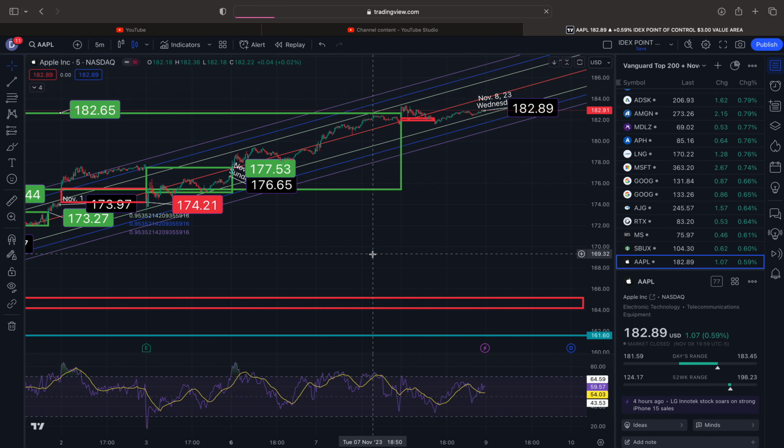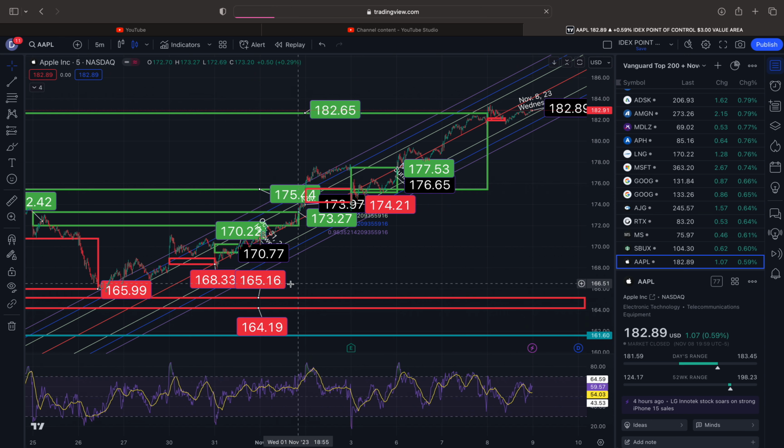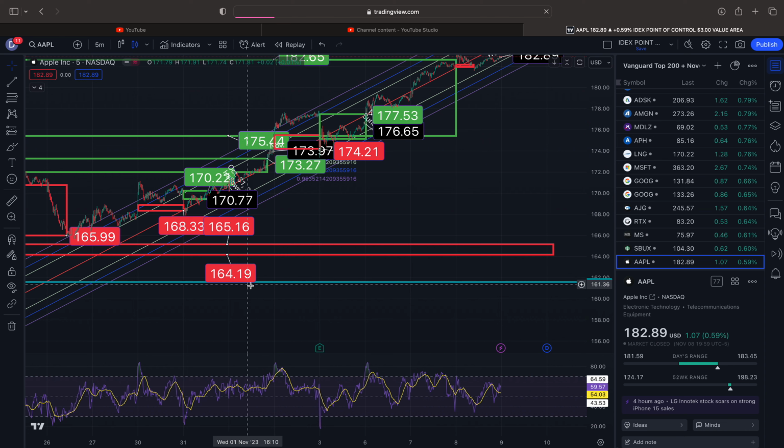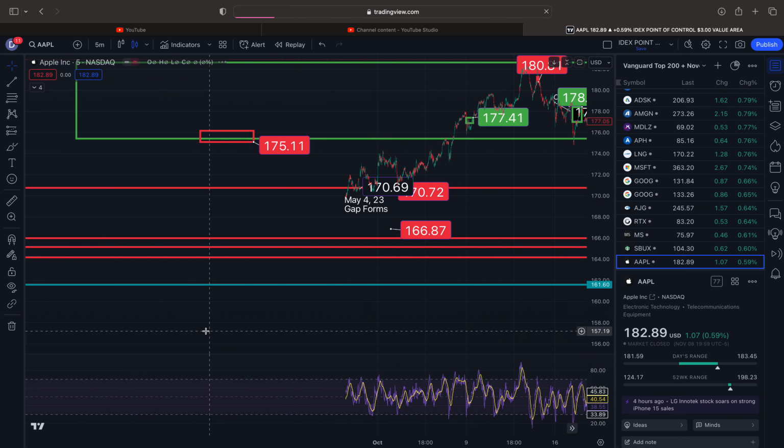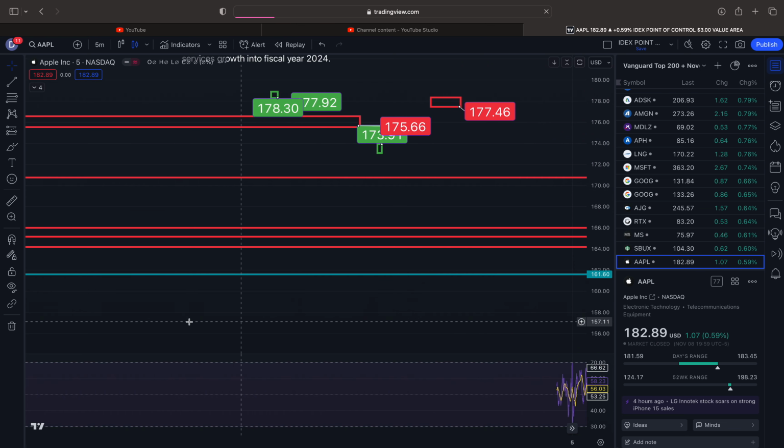We do have a gap to the downside to watch out for, and that begins roughly at 165.15, 16-ish, closes out at 164.19. And that has been in play.